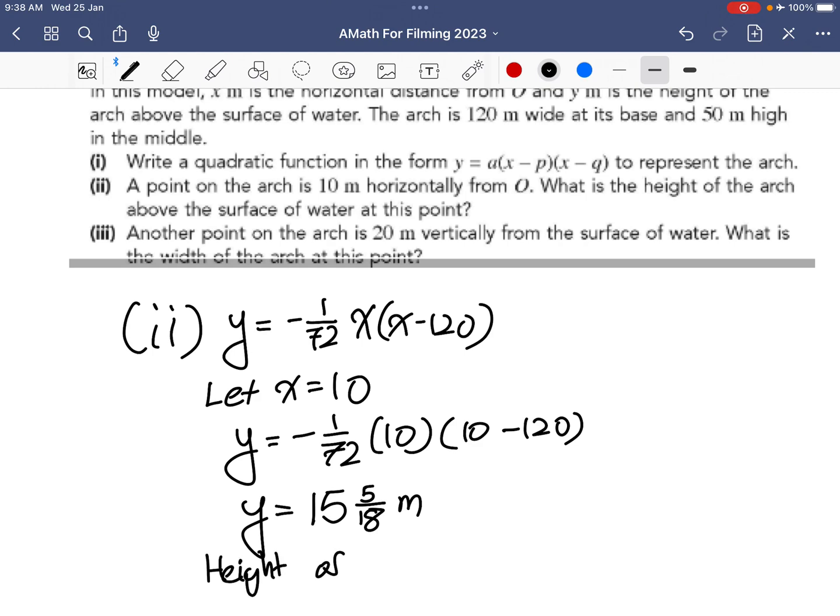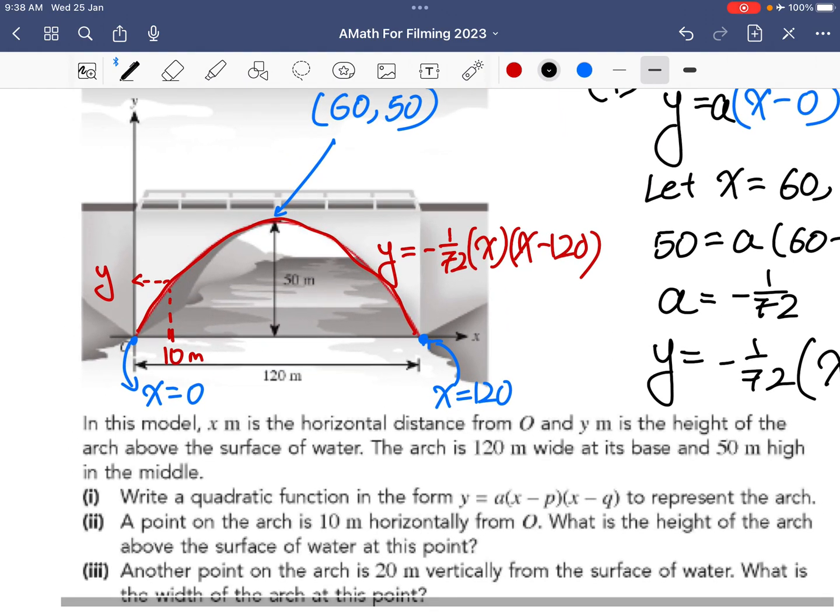Hence, the height of the arch at that point is 15 and 5 over 18 meters. So when my x value is 10, my y value is 15 and 5 over 18 meters. Therefore, when this is 10 meters, I know that this point here is 15 and 5 over 18 meters above the surface of the water.